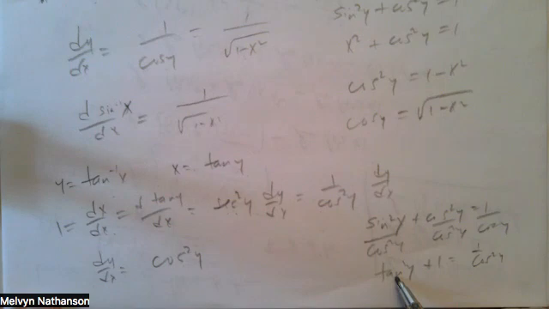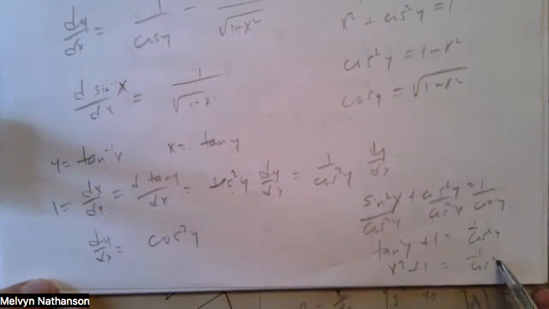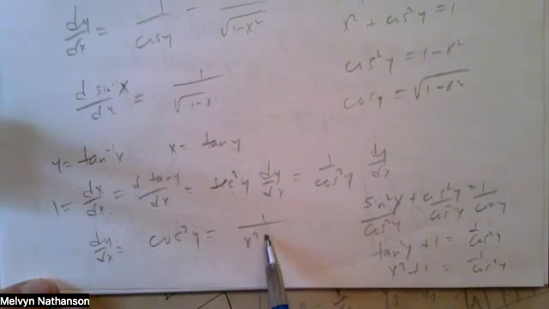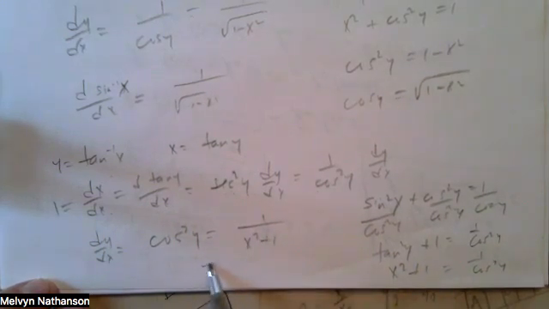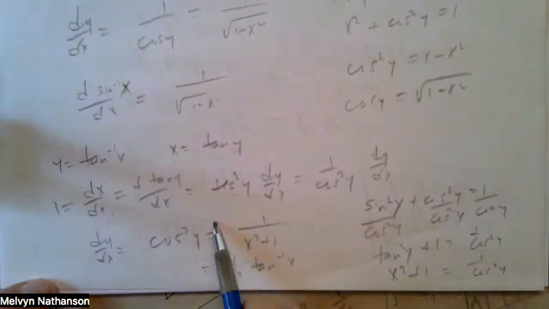And tangent of y is x. So this is x squared plus 1 is 1 over the cosine squared of y. So the cosine squared of y is the reciprocal of this. It's 1 over x squared plus 1. So that's the derivative of the inverse tangent of x.